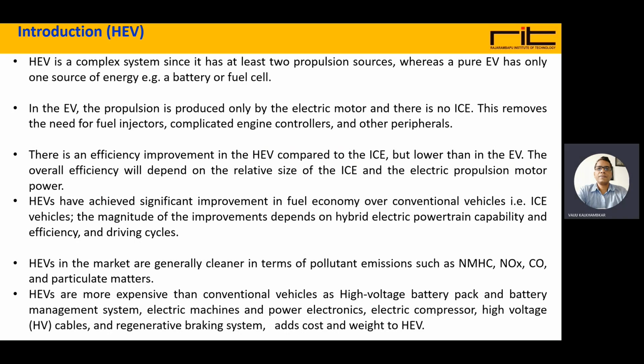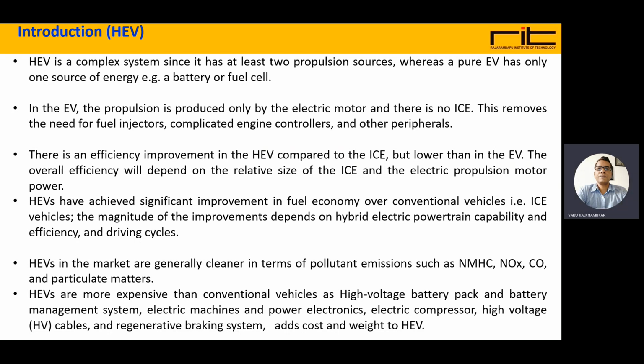There is an efficiency improvement in a hybrid electric vehicle compared to an IC engine, but lower than the electric vehicle. So as compared to an IC engine, a hybrid electric vehicle is always more efficient. The overall efficiency will depend on the relative size of the IC engine and the electric propulsion motor used in the hybrid electric vehicle.